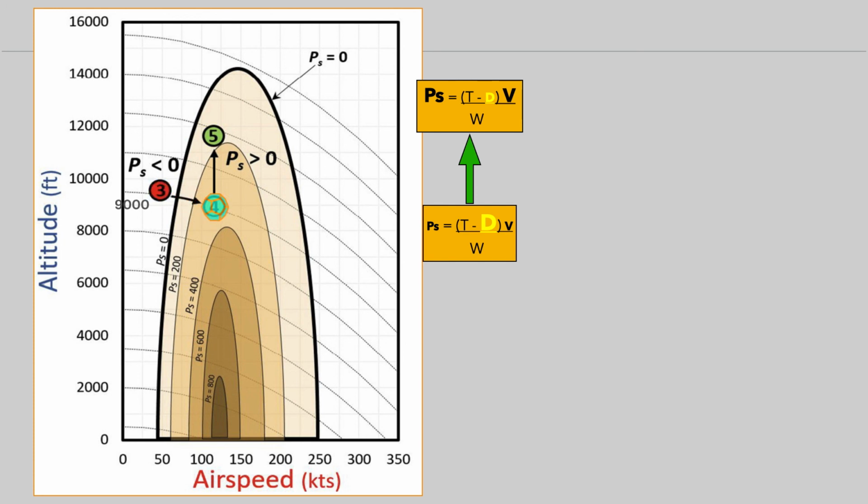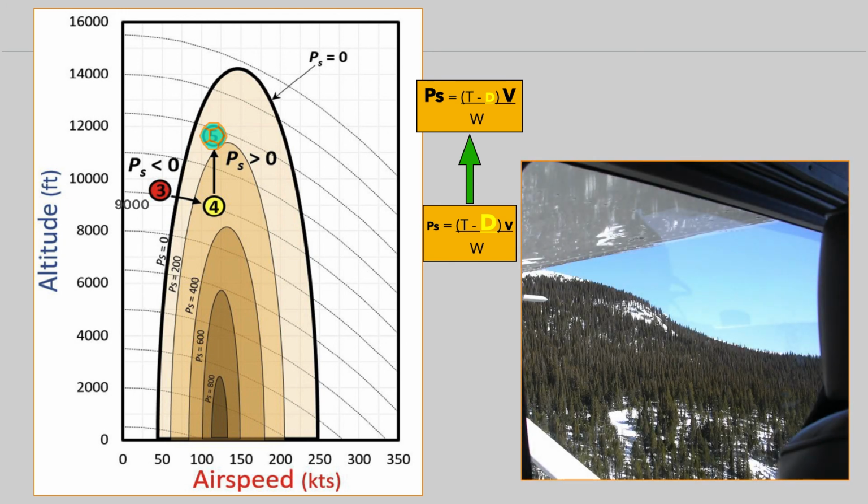Once the airplane accelerates to an airspeed where specific excess power is greater than 0, it can begin to climb. Depending on how quickly the terrain is rising, you may choose an airspeed for best angle of climb or best rate of climb. Your next decision would be whether to continue on or turn back toward lower terrain, land, and reassess the situation before trying again.